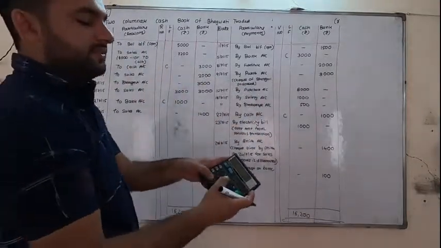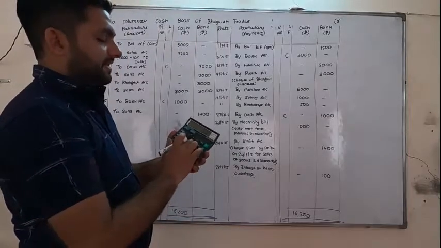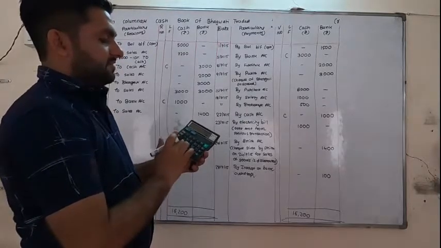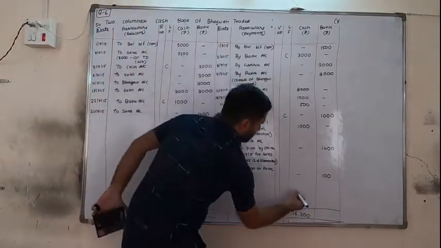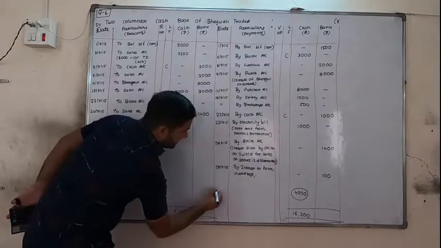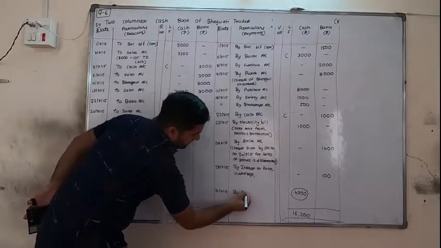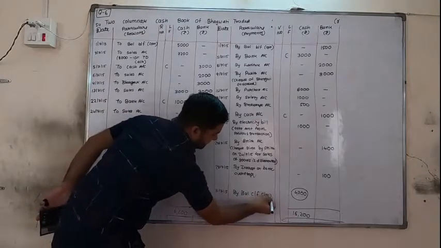Make 0 again. 16,200 minus 3,000 minus 6,000 minus 1,000 minus 500 minus 1,000. Remaining cash 4,700. On last date 31/7/15 by balance CF, it is closing balance.